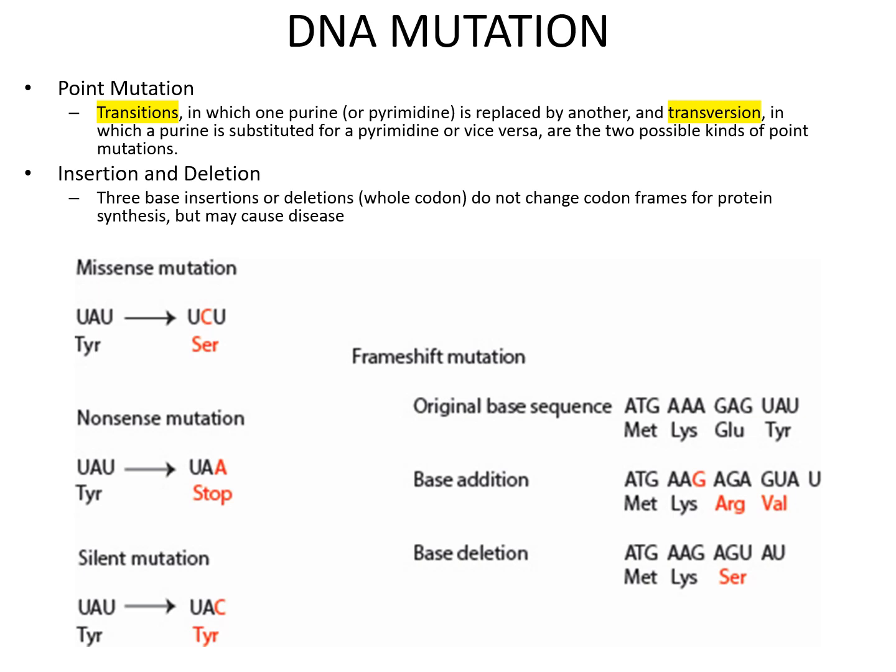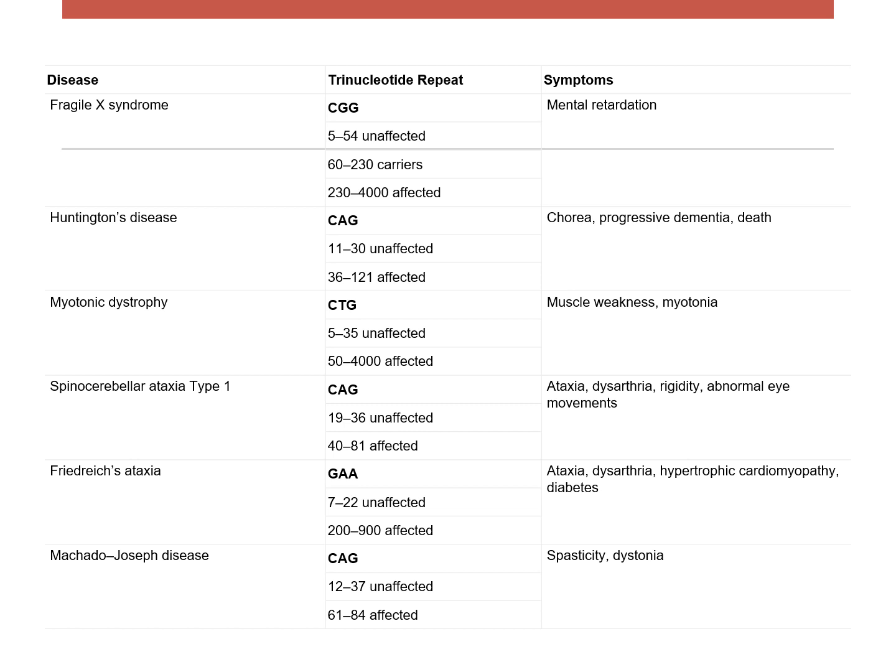And there's also another type of mutation. If you add or delete three nucleotides, that will not change the reading frame. But if you have many of these triple additions, that will cause some mutation. So here are some diseases caused by trinucleotide repeats.